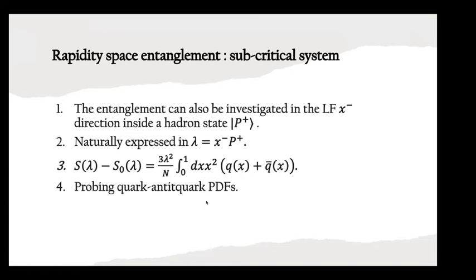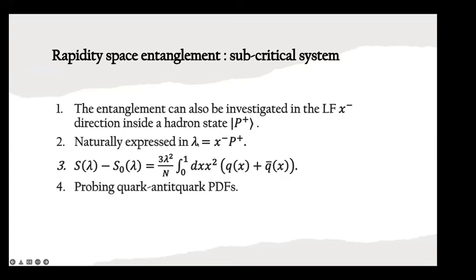So now we would like to see how this relates to the PDFs, and we can actually derive a relation, namely this entanglement entropy for this hadron state between the segment with length lambda and its exterior, subtracted by a vacuum contribution which follows a logarithmic law, equals a very simple expression.